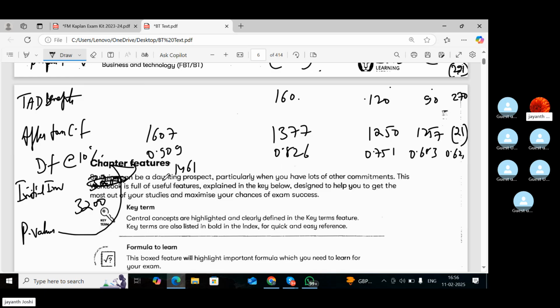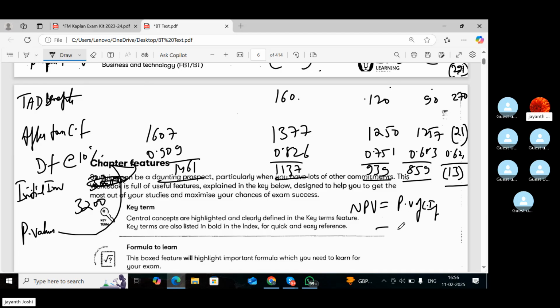Second year, 1137. Third year, 939. Fourth year, 859. Fifth year, minus 13. Now we need to add all these values and subtract 3200. So NPV is equal to present value of cash inflows minus outflows. Outflow is 3200, you already know. Inflows we are going to find out right now.